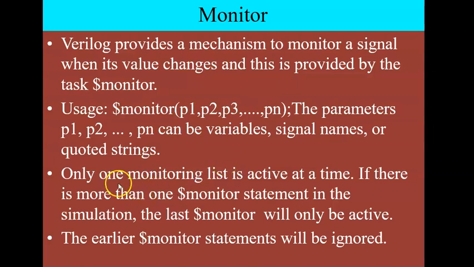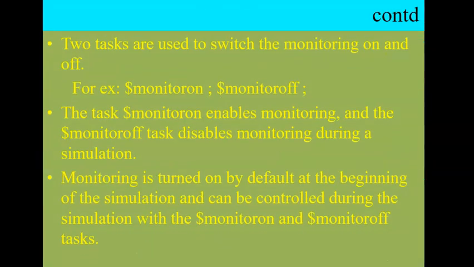Only one monitoring list is active at a time. If there is more than one $monitor statement in the simulation time, only the last $monitor will be active, and the earlier $monitor statements will be ignored. That is the important thing.